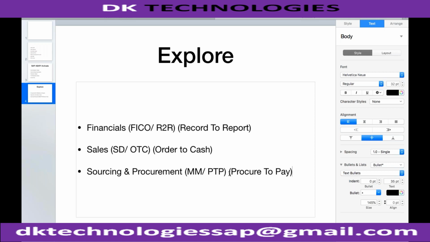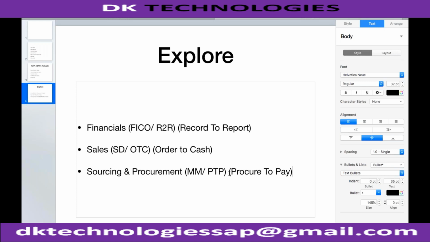Okay. I had a question. Yeah, go ahead. In terms of my understanding, order to cash includes the sales order cycle as well as the accounts receivable cycle, right? If I'm not mistaken, invoice and accounts receivable is in FICO, but the sales order, shipment, pricing is in SD.